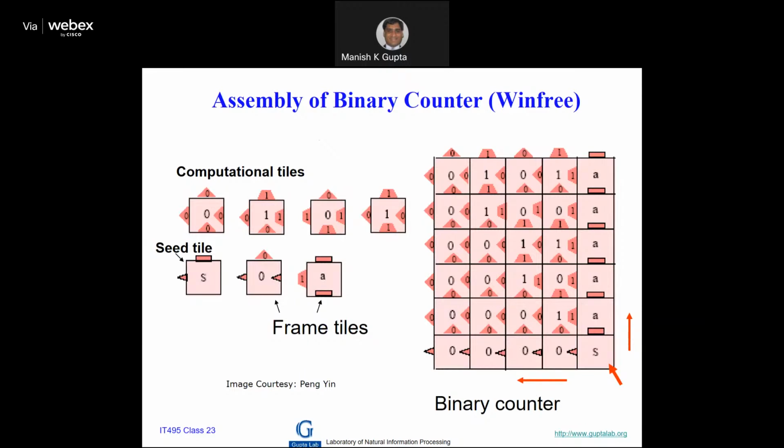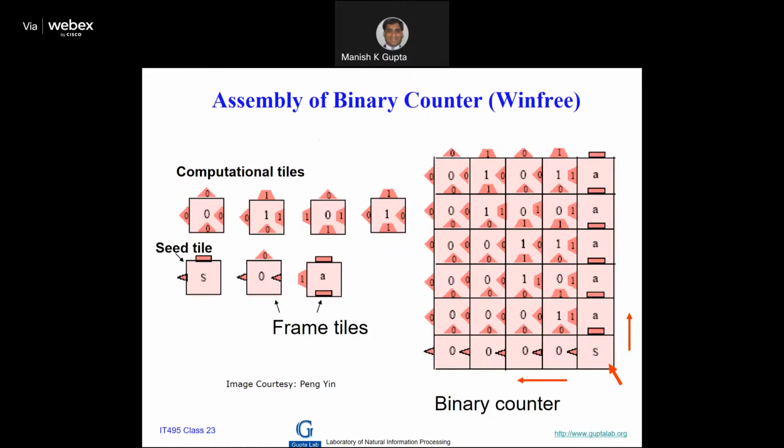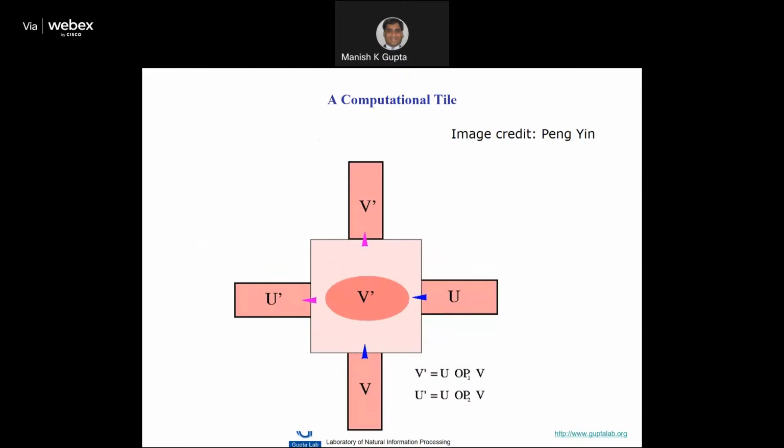As for this binary counter, in these computational tiles we can describe them. There is no need, but it's a handy tool if we describe 2 inputs and 2 outputs as Boolean functions, where the output is a Boolean function of the input. That gives rise to what is known as a computational tile.